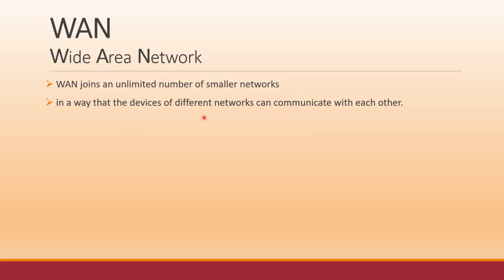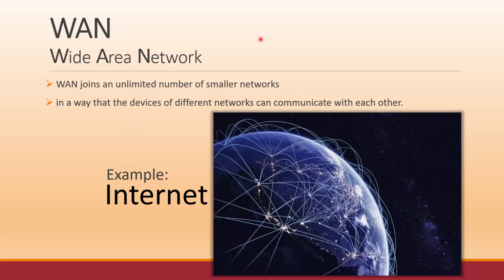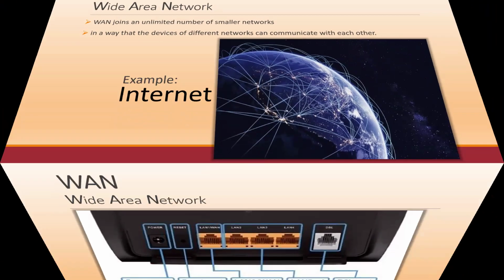Basically, that's what it is. The internet would be a wide area network. So that's the biggest network, unfinished, never-ending network. So that would be WAN. So when you see the connection on the equipment that says WAN, that is basically the connection to the modem, which connects you to the internet.